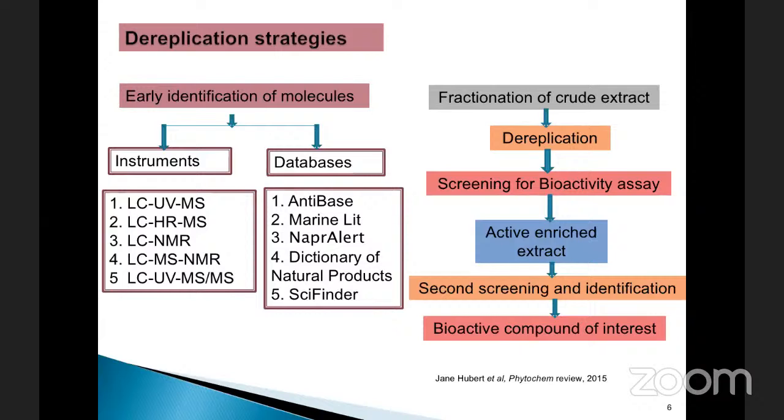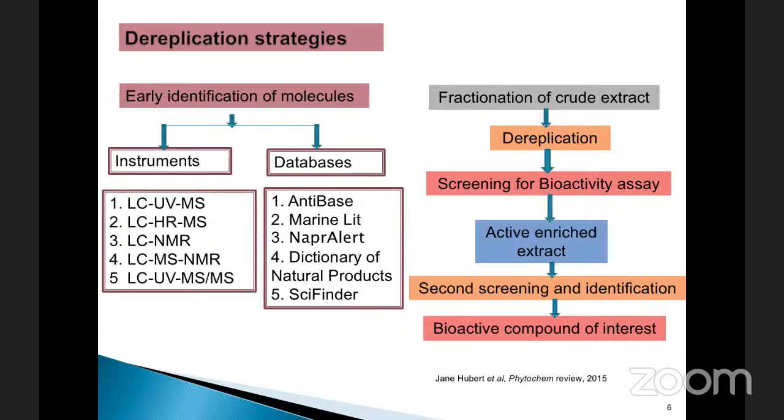Generally, in accurate mass, we find out the mass ppm error, which is the difference between the observed accurate mass and the reported accurate mass. If it is more than 10 ppm, then you say that it might be a different molecule. But if it is less than 10 ppm, generally, if you go more stringently, we say less than 5 ppm.